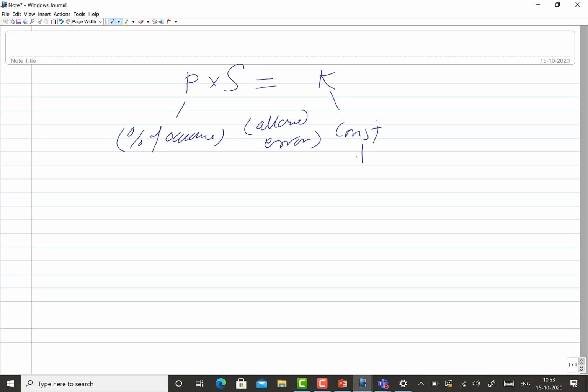Depending upon the confidence level we want, for example for a 95% confidence level it is 1.96 sigma value.